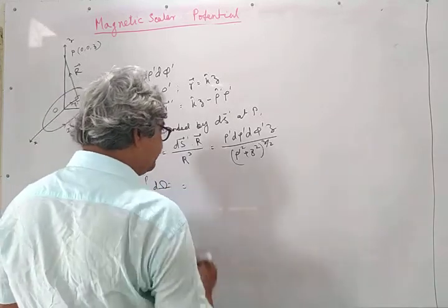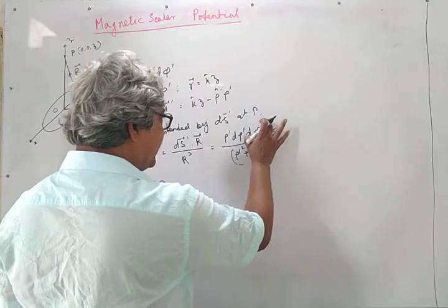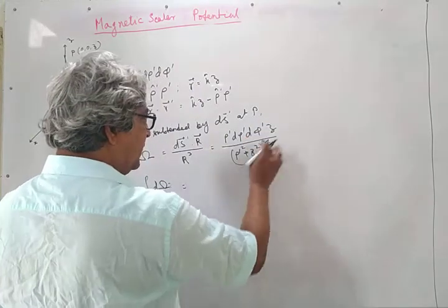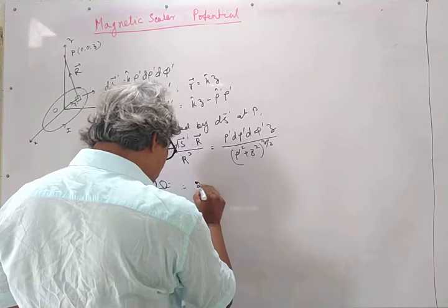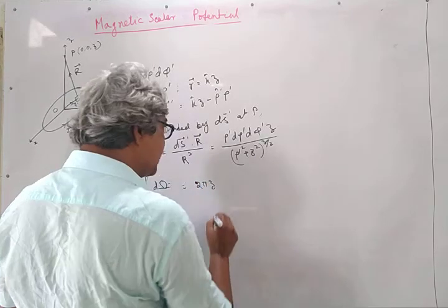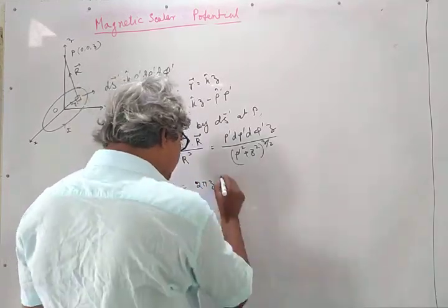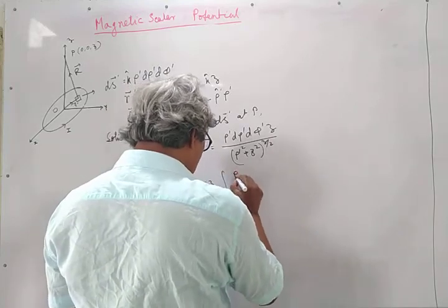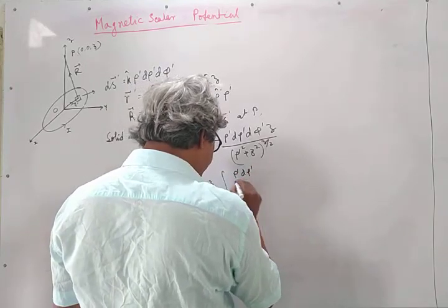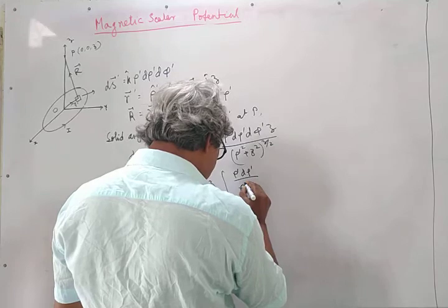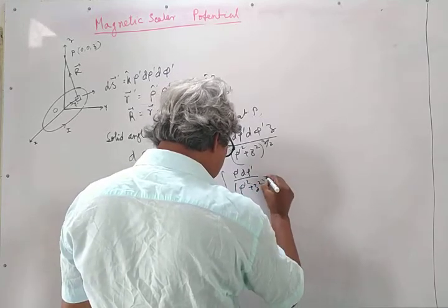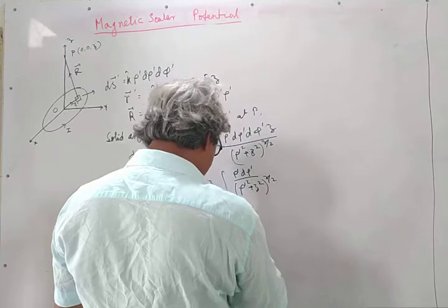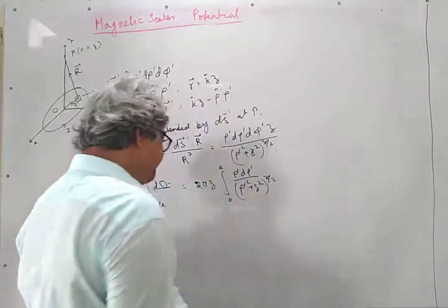That is, this phi integration gives you 2 pi and z is taken out, so this is 2 pi z, and the resulting quantity is rho prime d rho prime over rho prime square plus z square to the power 3/2 integrated from 0 to a.